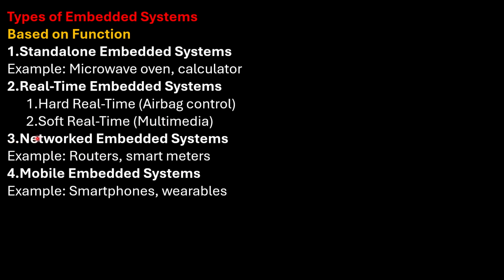The third category may be network embedded systems, examples routers, smart meters. Fourth, mobile embedded systems, examples smartphones, wearables. Android is one of them.